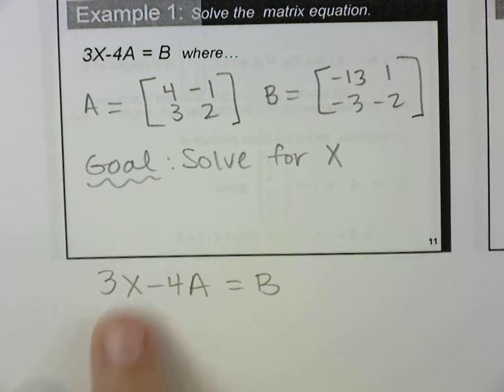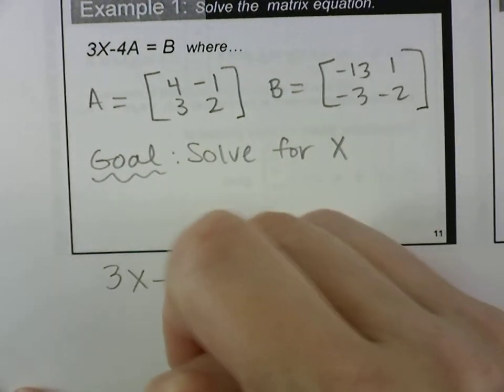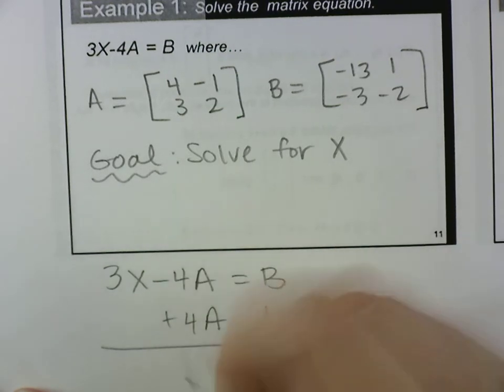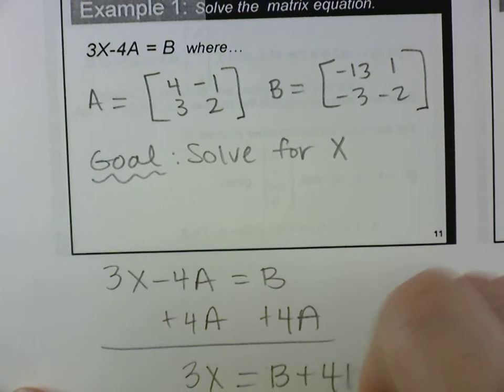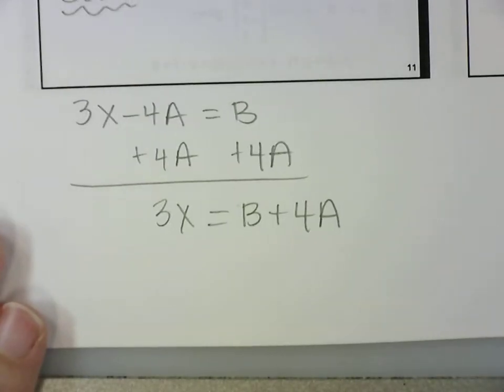Okay, so if I wanted to get X by itself, what would I do first? Yeah, add over your 4A. So then I'd have 3 times X equals B plus 4A. Okay, and then what would I do next?